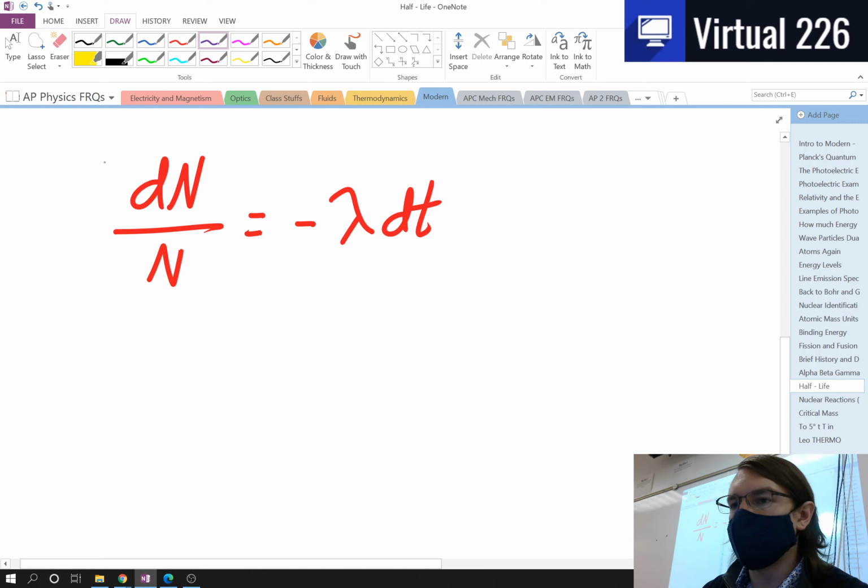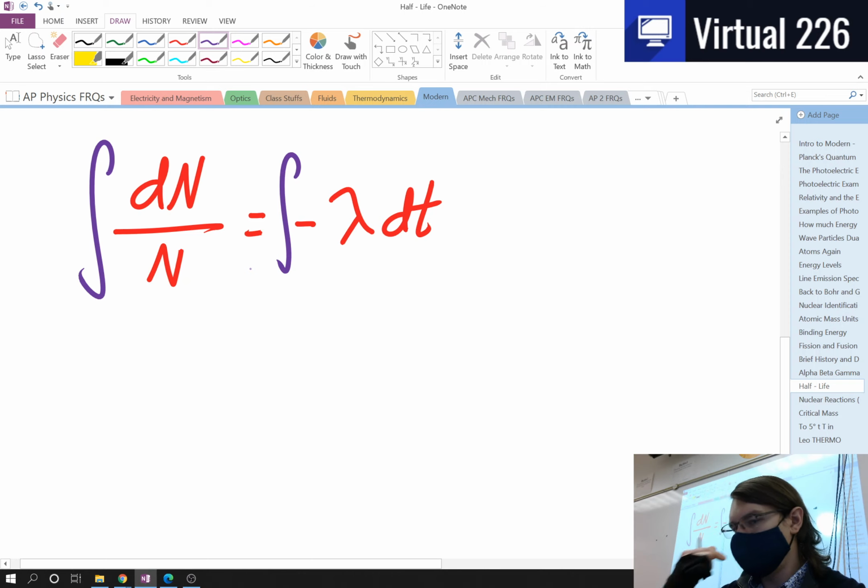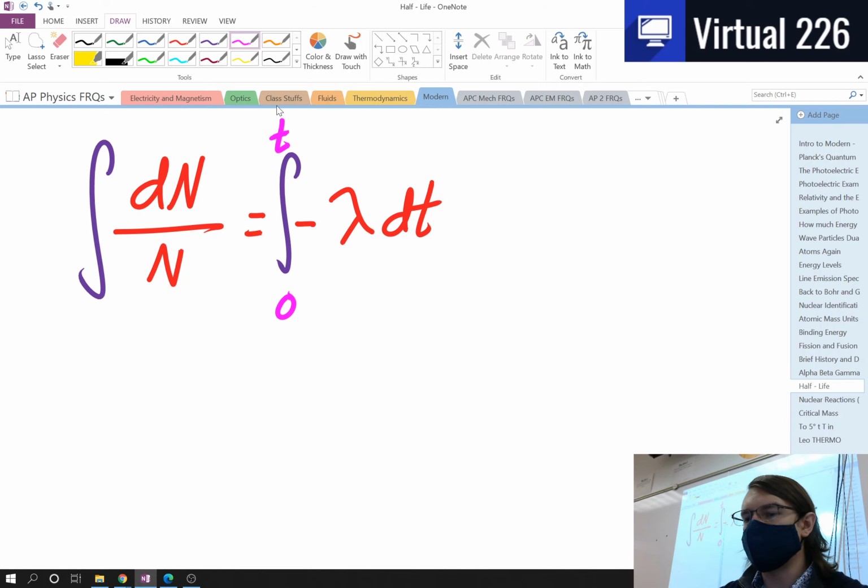If you've been following along with your calc classes, we quickly see that these are integrated, and we're going to integrate them from 0, some initial point in time, to some time t later.